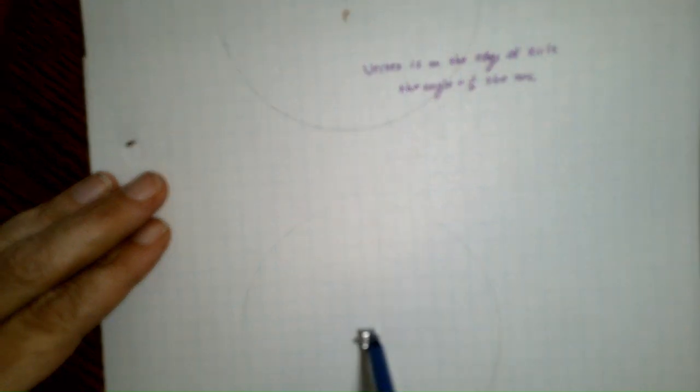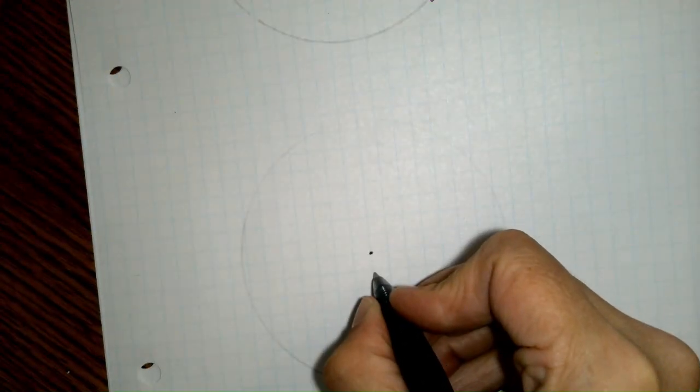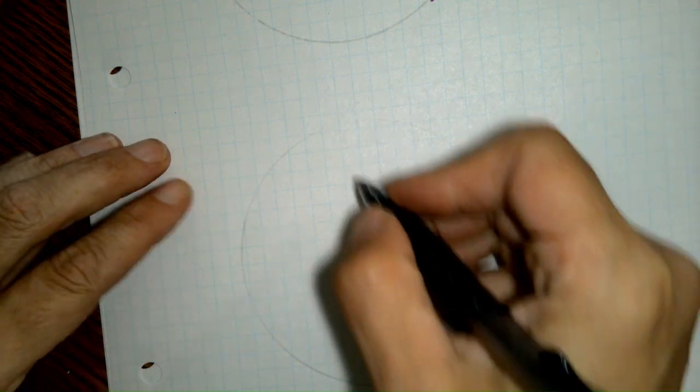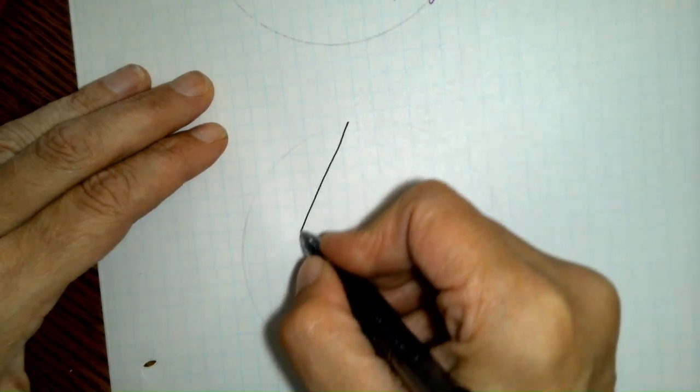All right, so we've got a circle coming back here. I don't even care how big they are. Okay, we need a center. Got a center P. We're going to pop in this.